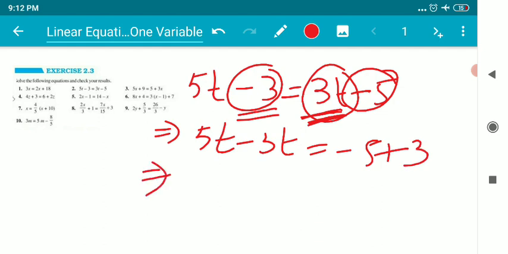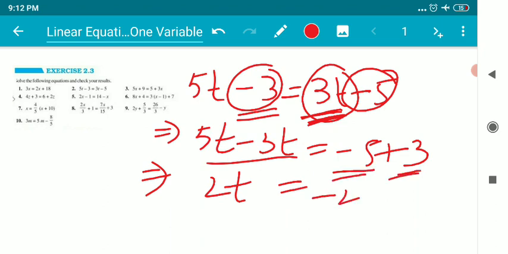Now 5t minus 3t becomes 2t is equal to minus 5 plus 3, which results in minus 2, because the value with the minus sign is greater than plus 3. So minus will come first. So minus 2 comes after adding minus 5 and plus 3.